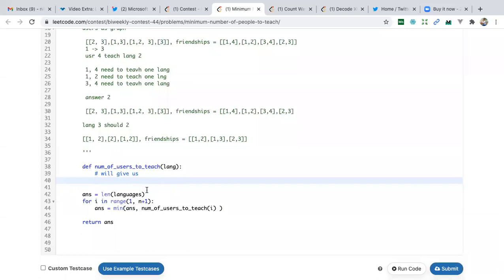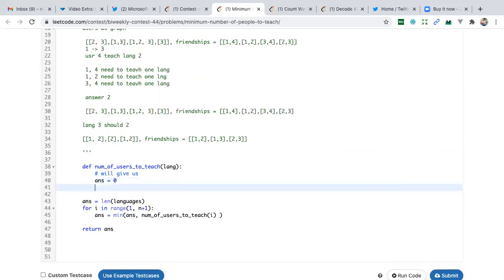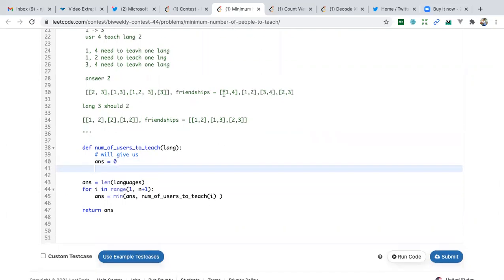So answer will be 0. We have to check every friendship and see if they speak a common language or not, or we have to teach them, for every friendship.